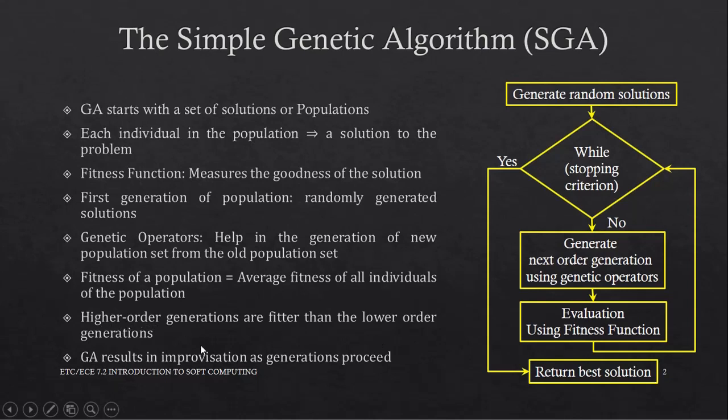The genetic algorithm, GA, results in improvisation as the generation proceeds. This improvisation is very rapid in the first few generations. After that, however, the algorithm more or less converges to some point to give the most optimal solution to the problem.